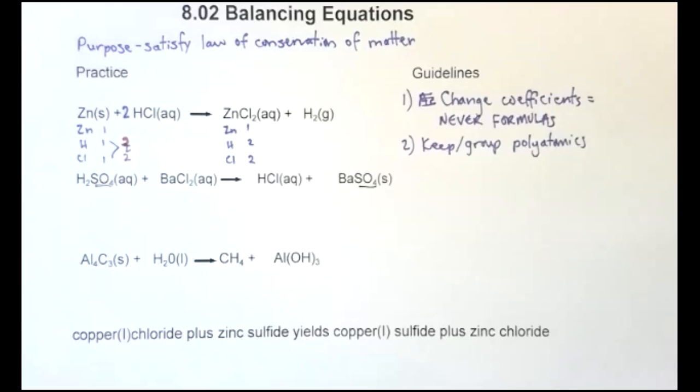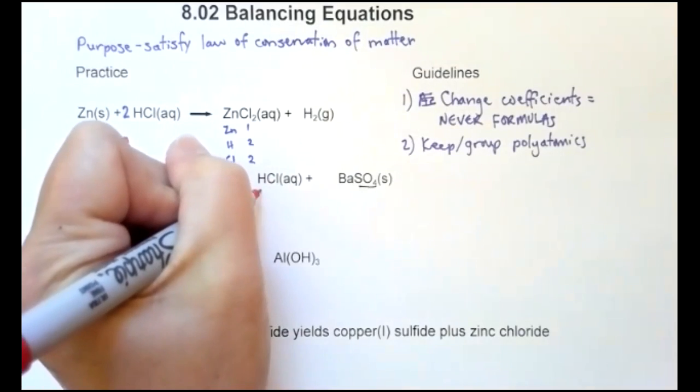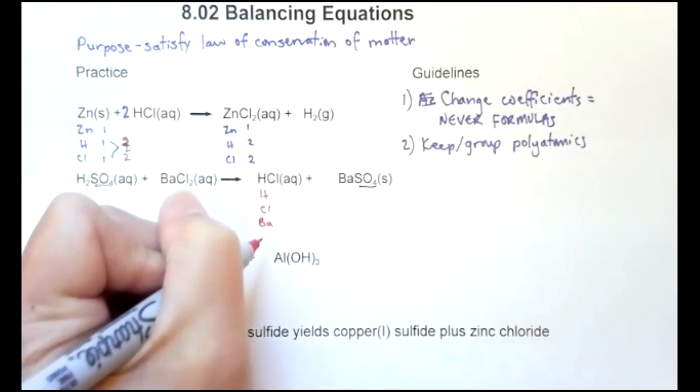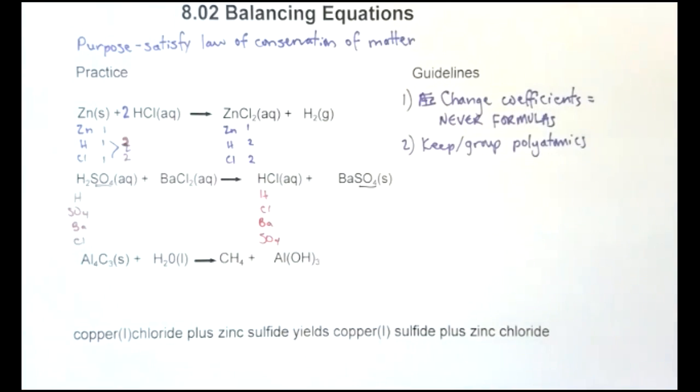So that when I make my element bank over here, I've got hydrogen. Now I could write sulfur and I could write oxygen, but it would be better to do SO4. I've got barium and I've got chlorine. And over here, I've got hydrogen, chlorine, barium, and sulfate.